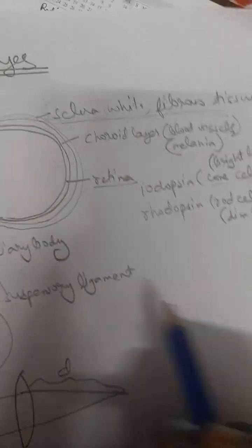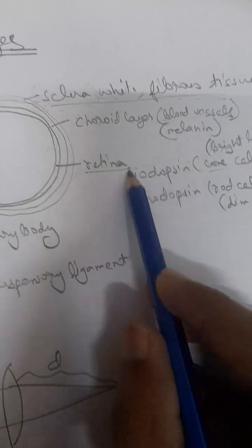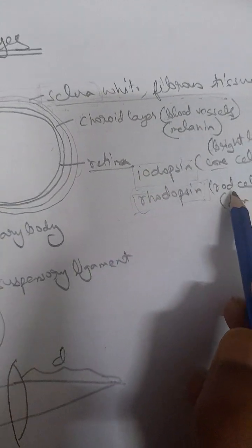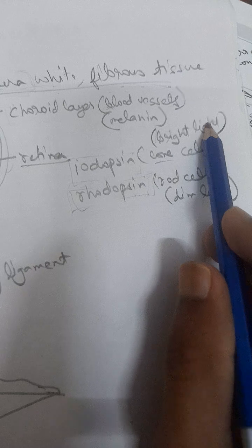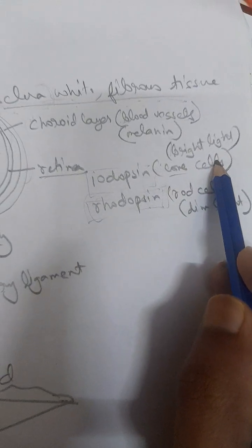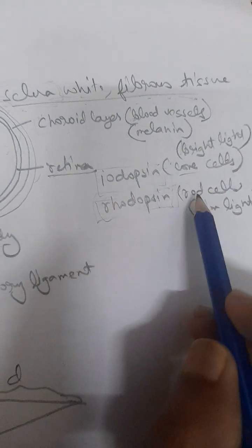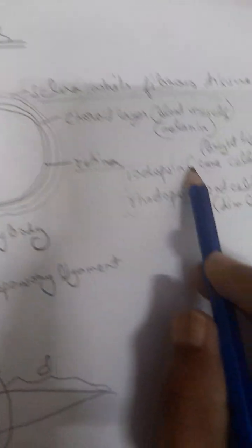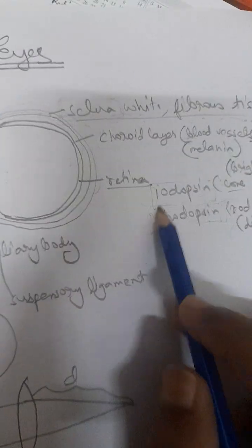Okay. The retina contains these two chemicals, iodopsin and rhodopsin, which create the sensation of seeing. When there is bright light, cone cells are active, and when there is dim light, the rod cells are more active. So that is how they both work to provide the sensation of seeing.